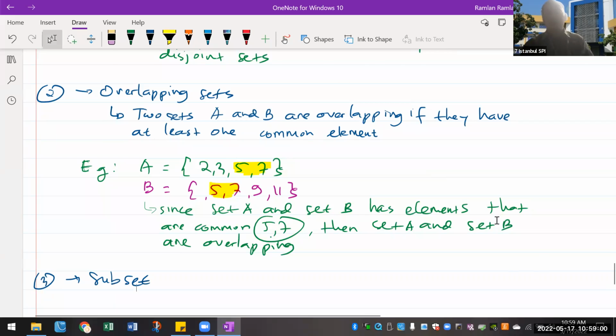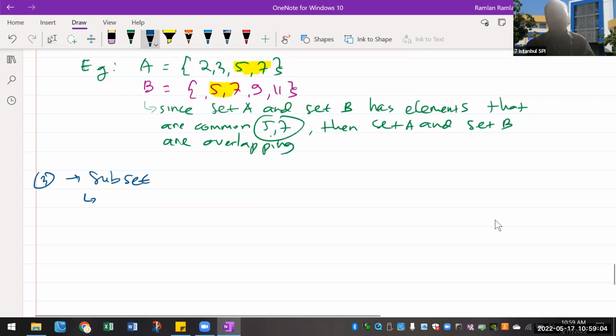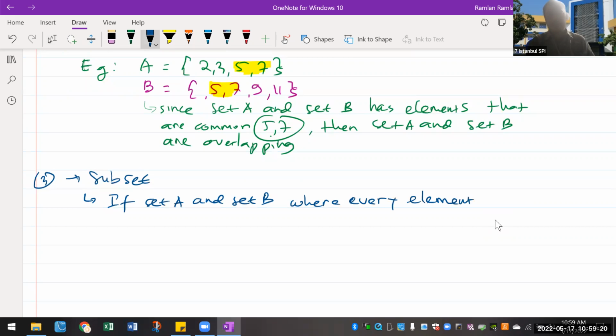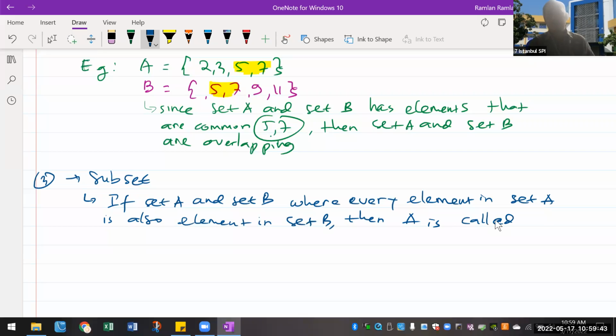Definition: if set A and set B are such that every element in set A is also an element in set B, then A is called a subset of set B.